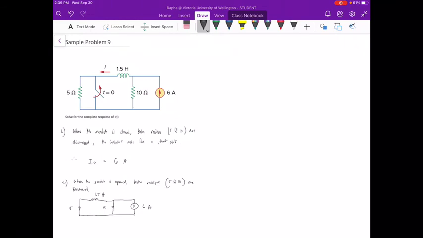So there is something that is familiar with a current source placed in parallel with our resistors. This can in fact, by source transformation, become a voltage source.